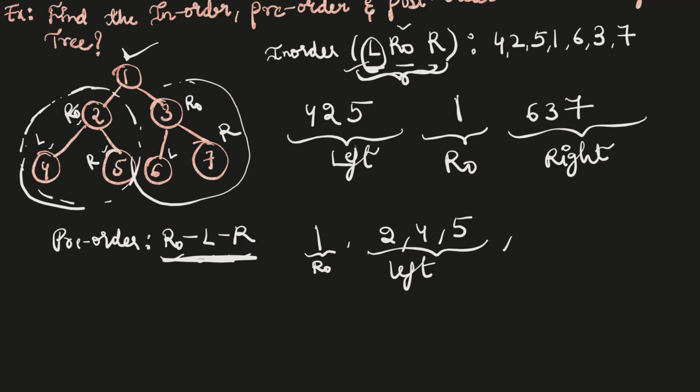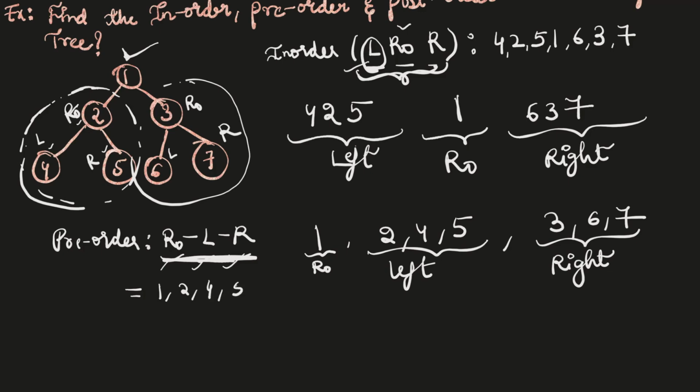The left is done and let's write the right part. In the right part again, root, left and right. Now root is 3, left is 6 and right is 7. So the pre-order traversal for the following is 1, 2, 4, 5, 3, 6 and 7.